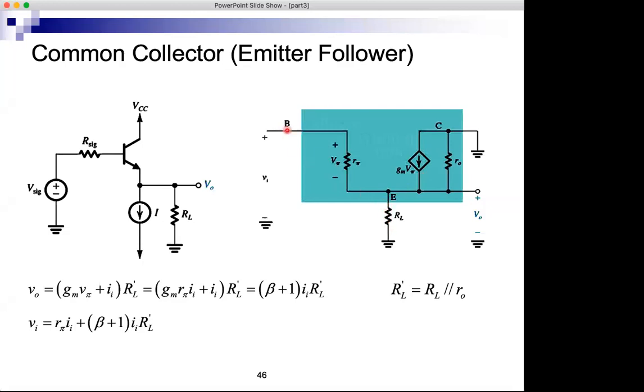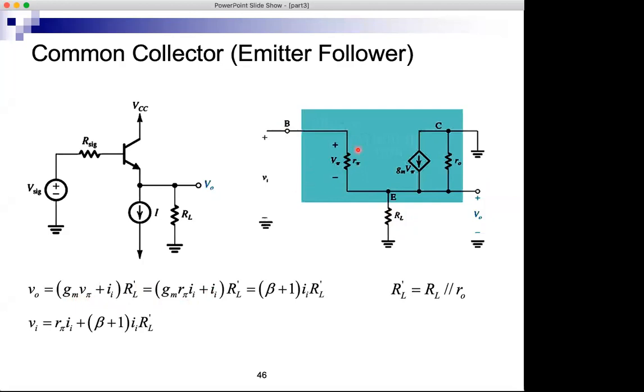I also have, in the case of the BJT, the input current that will flow in R pi and then continue in R prime L. The output is therefore R prime L times this current plus this current. So R prime L times Ii plus gm V pi.